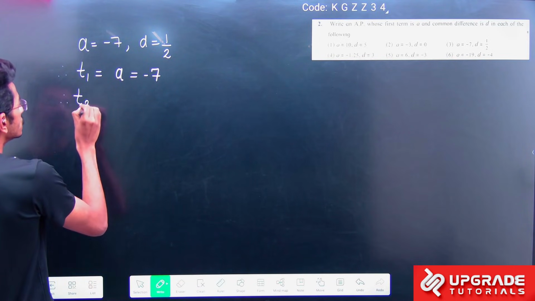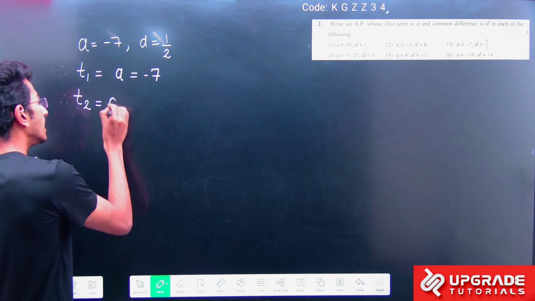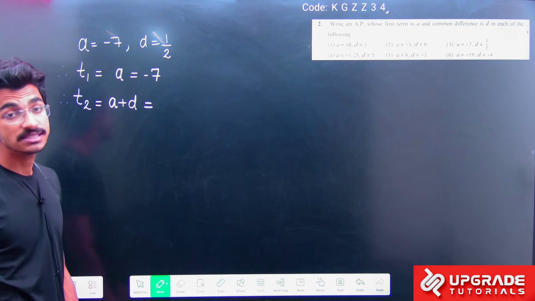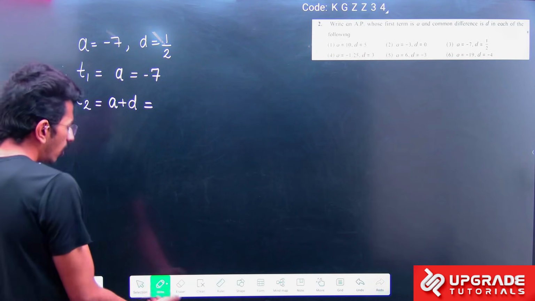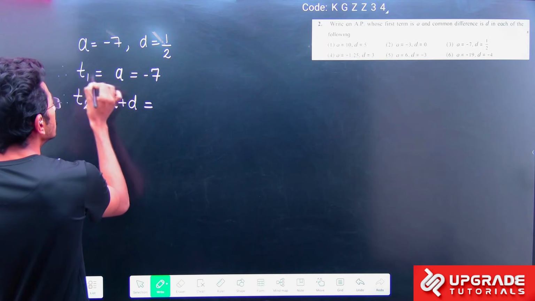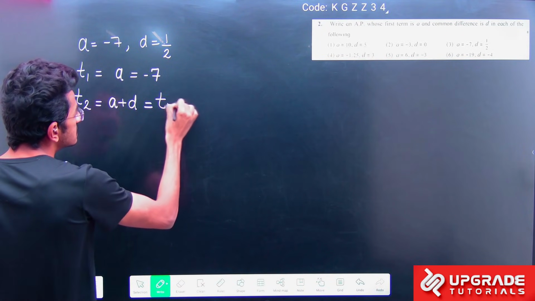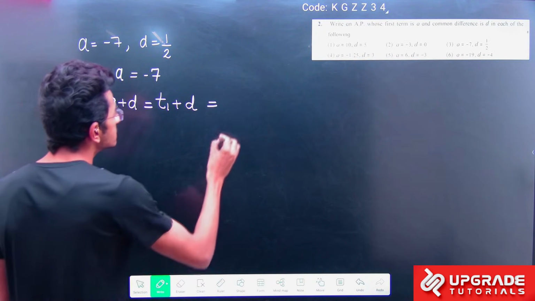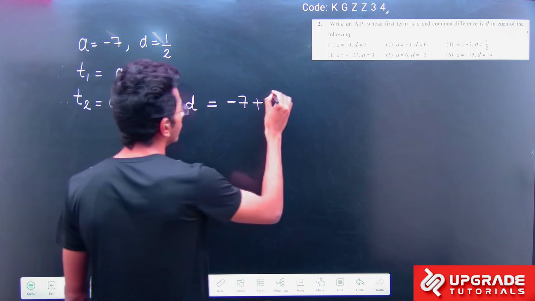Second term means T2, and the formula of T2 is A plus D. Always keep in mind, the formula of T2 is A plus D. Or in other words, T1 is equal to A, so in place of A you can write T1. It is T1 plus D. Understood? So what is T1? Minus 7 plus D, which is 1 upon 2.